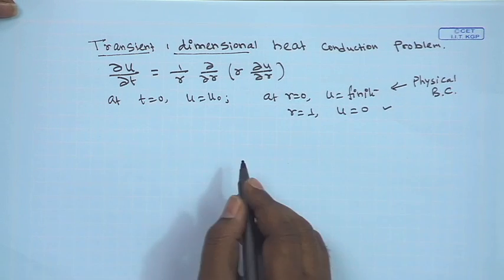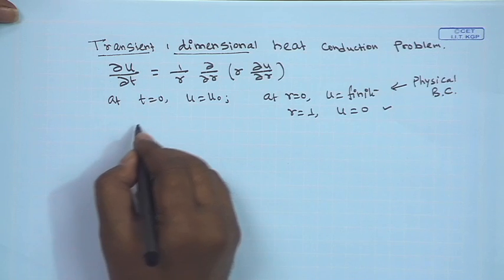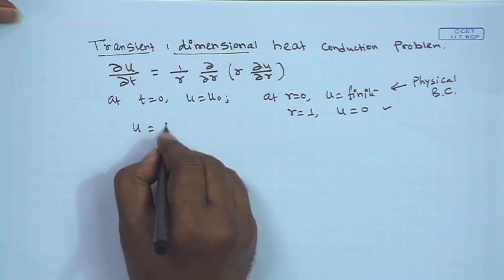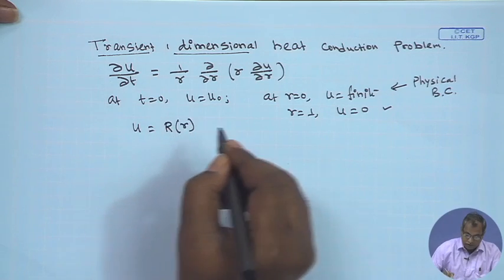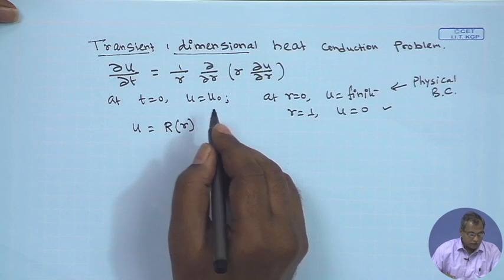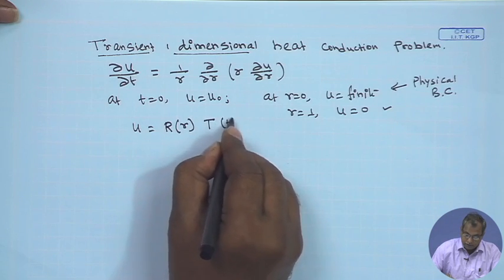Once we do that, we go ahead with the separation of variables type of solution. u is a product of two functions, one completely a function of r and another entirely a function of time.